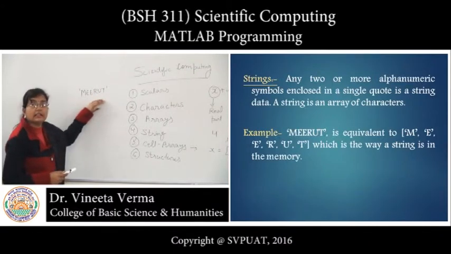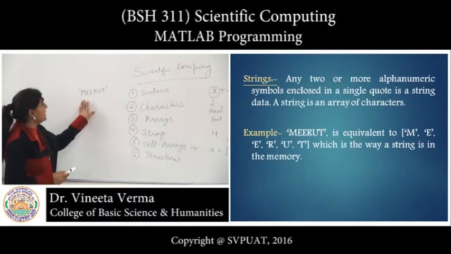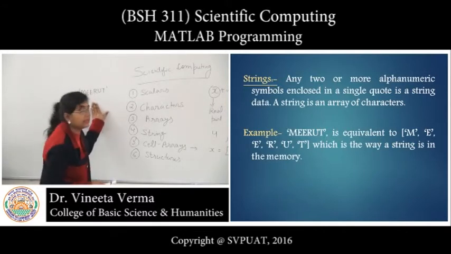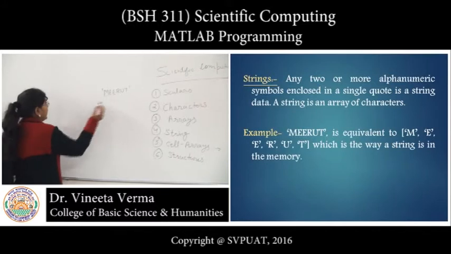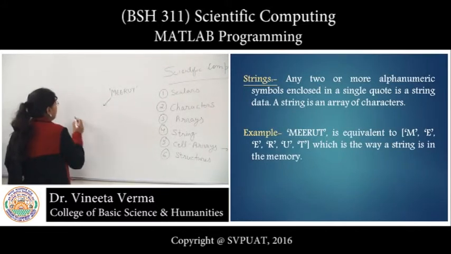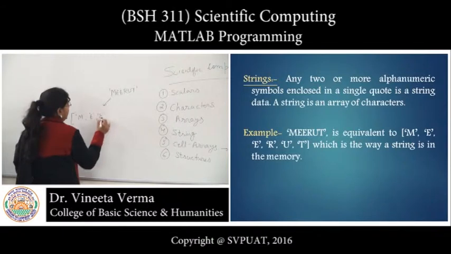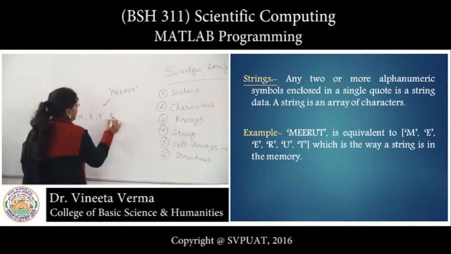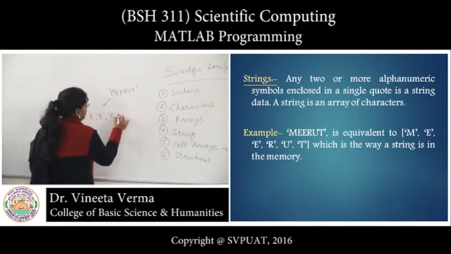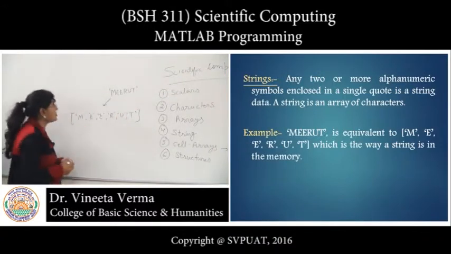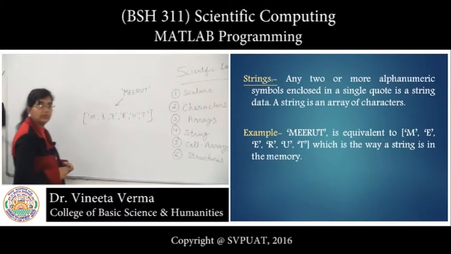This 'merit' represents a string because it is a combination of characters, right? So 'merit' will be stored in memory like M, E, R, I, T. It will be stored in memory in this form.